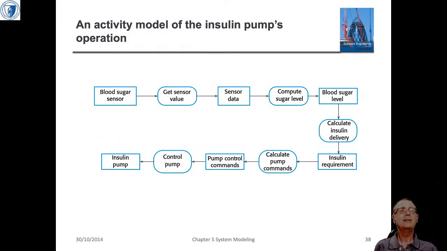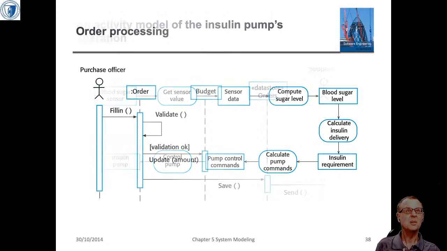Right? So here's an example from the insulin pump case study showing how things move from the blood sugar sensor, to getting the sensor value, to getting the data, to computing the blood sugar level, to figuring out how much insulin you need, to telling the pump how to deliver that insulin, and then finally delivering the insulin.